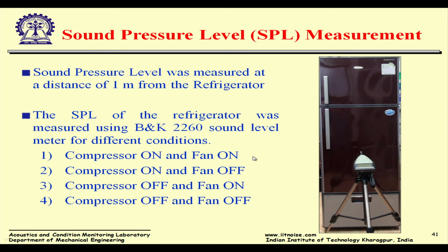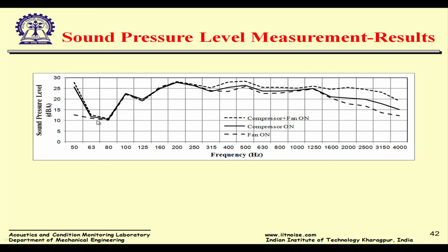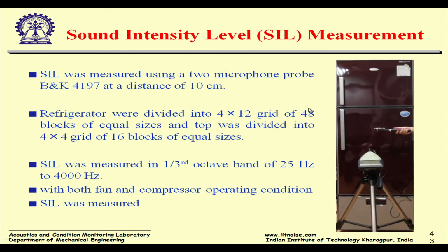So we tried with the compressor, because there are two components in a refrigerator which have motion. One is the compressor, and another the evaporator fan. So of course, we tried all the combinations of on, off, and then we found out the SPL. And this is the sound pressure level as a function of frequencies, with fan on, compressor on, both of them on, and so on.